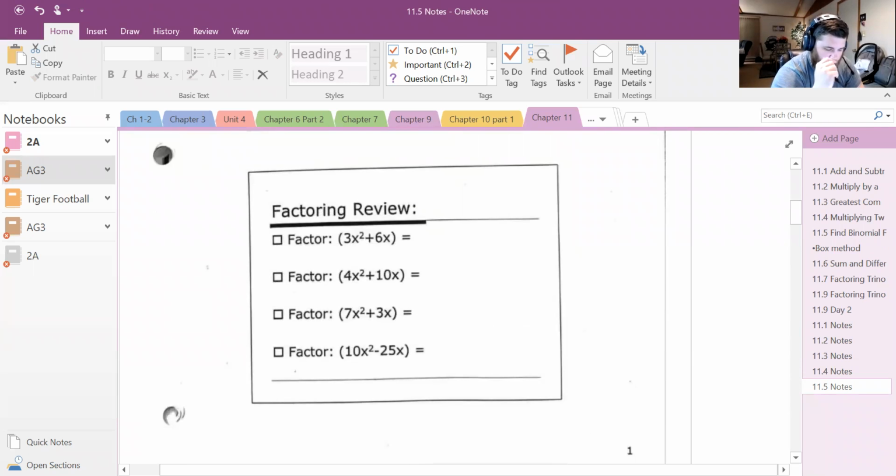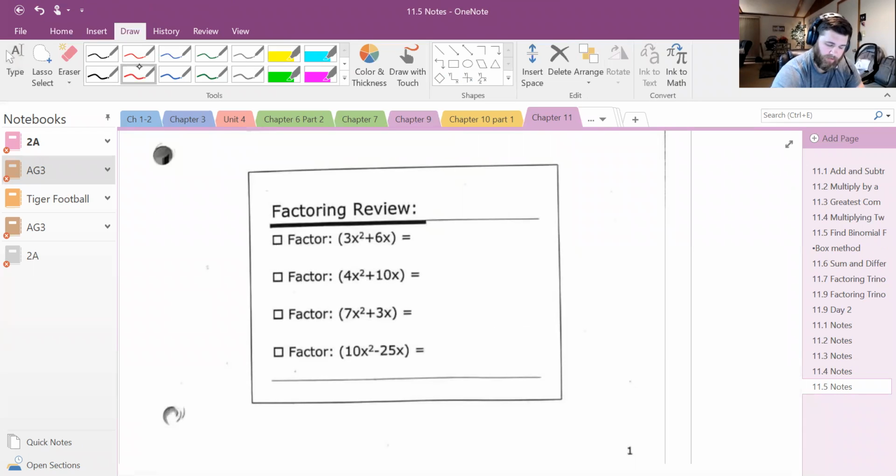Okay, so just a little review. There's 4 or so problems that we just want to review here. We're going to factor out of 3x squared plus 6x. Well, I know I can factor out a 3, but can't I also factor out x? Yeah. So it's going to become x plus 2, and the 3x on the outside. Let's skip down 1 or 2.